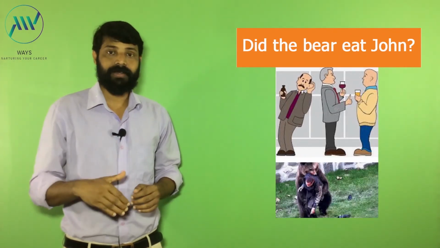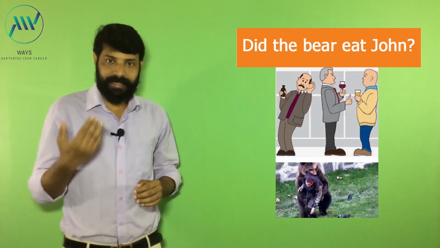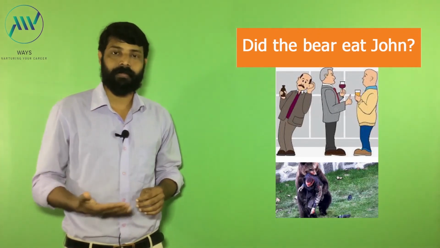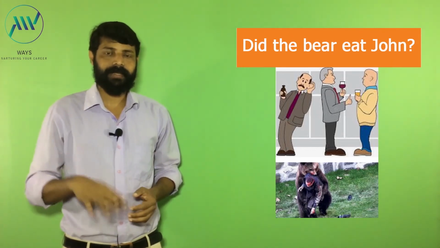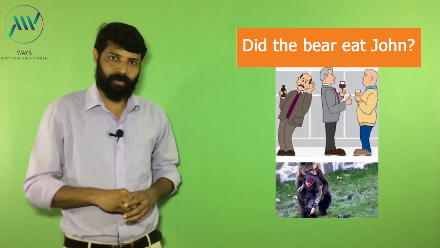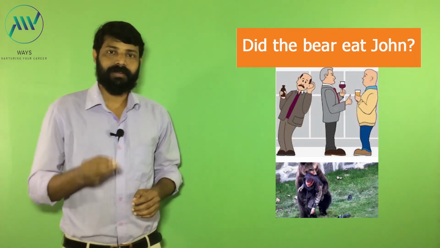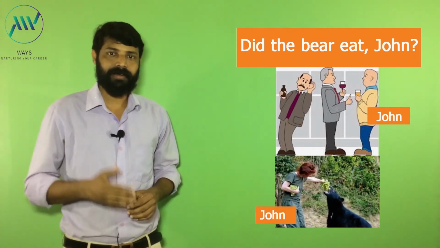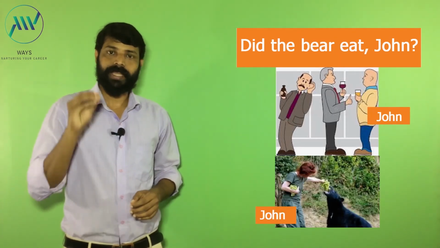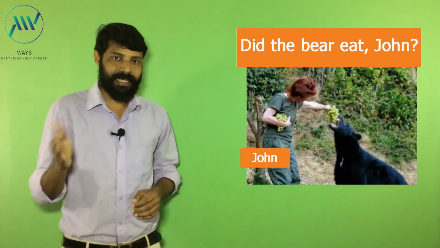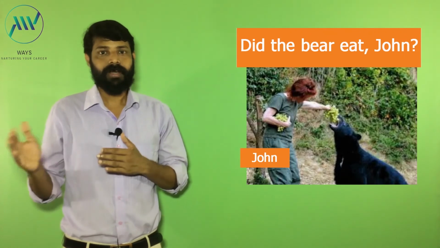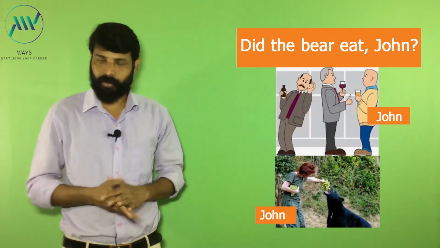In the first example, when we made the sentence without a comma, the meaning is that the bear killed John or ate John. But in the second example, when we put a comma, the speaker is talking with John and asking whether the bear has taken its food or not. There is nothing related to whether the bear killed John or not.